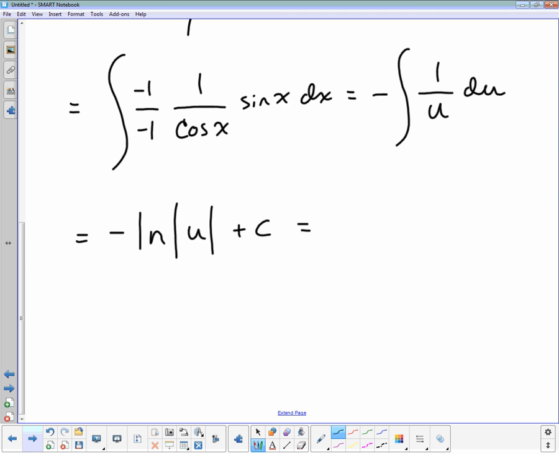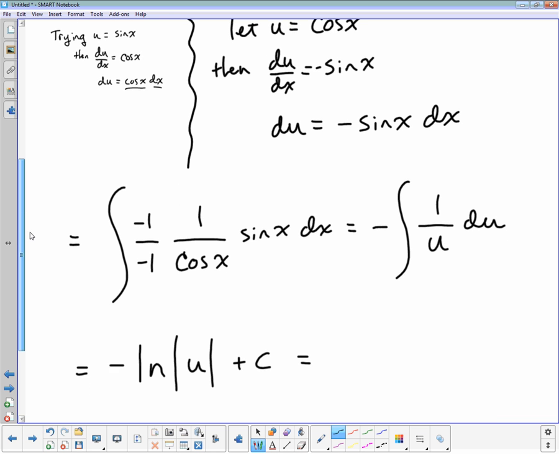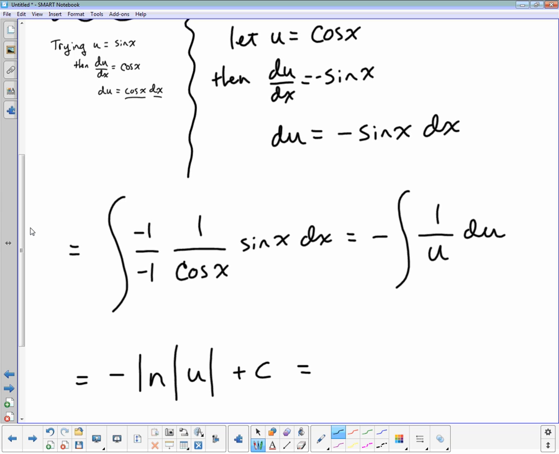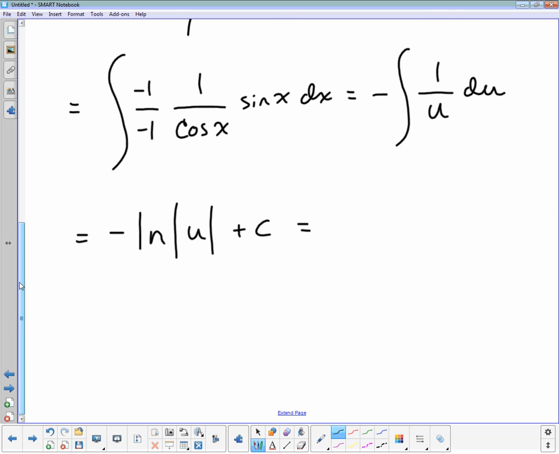Now, here's where a little bit of magic comes into play. No, u was cosine. We tried it with sine, and it didn't fly. So here's where a little bit of mathemagic comes into play. Remember, this is a -1, right?